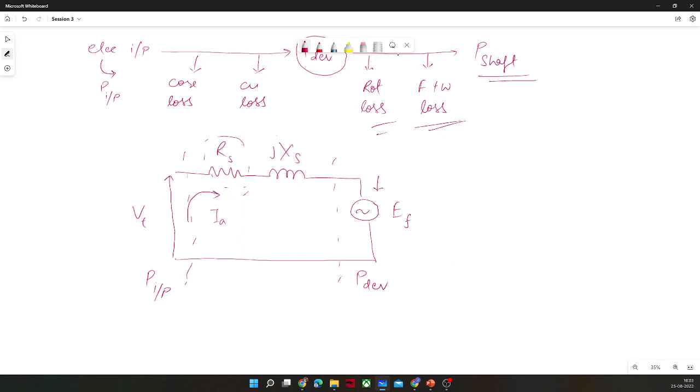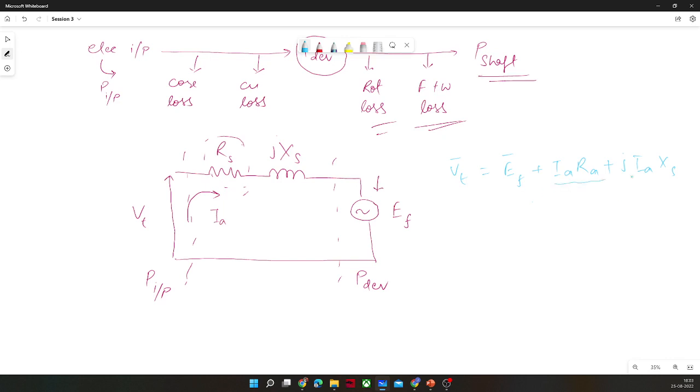I want to write some KVL equations based on this circuit. So I can write Vt is equal to Ef plus Ia Ra plus j Ia Xs.